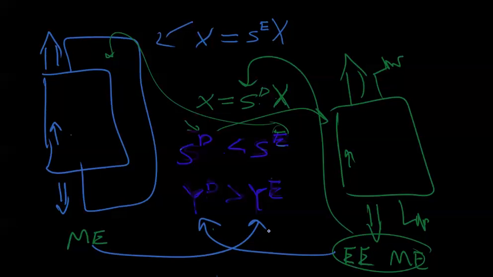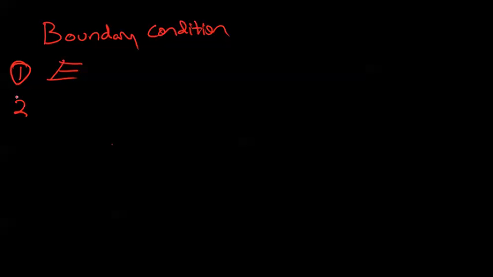And depending on how much they are coupled together, we get different values for these. We'll be discussing that next time when we talk about the electromechanical coupling factor, which we're not able to discuss until we've covered boundary conditions. And what are the two boundary conditions? Constant electric field, 1, and constant dielectric displacement, 2, which I discussed in the opposite order.